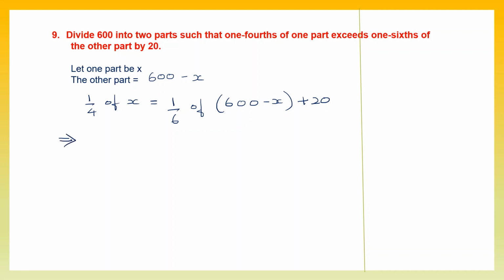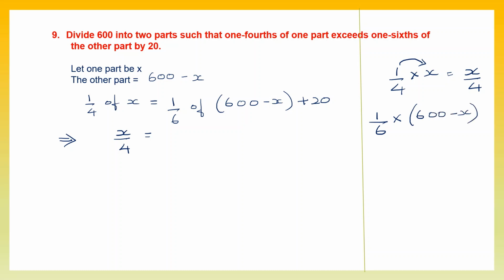So 1/4 of x means 1/4 into x. Whenever we do a multiplication like this, we multiply the numerators. So this is 1 into x is x by 4. On the left hand side I have x by 4. On the right hand side I have 1/6 of, which means into, 600 minus x.